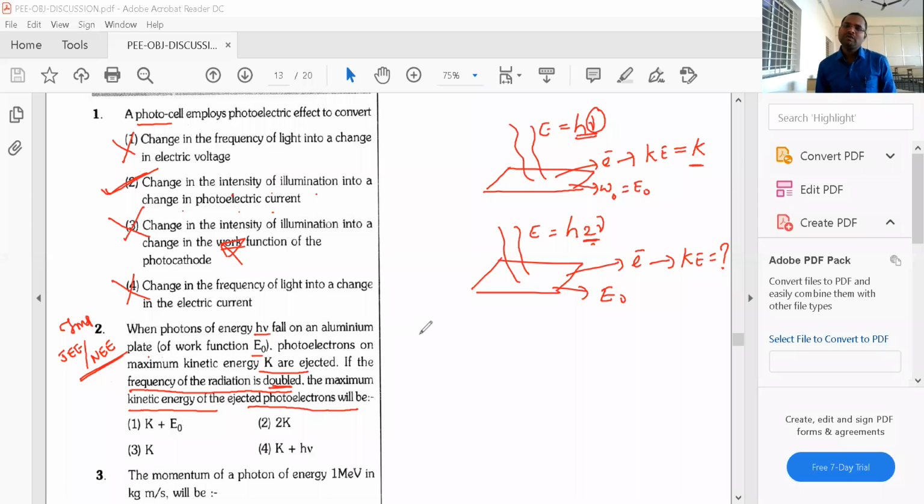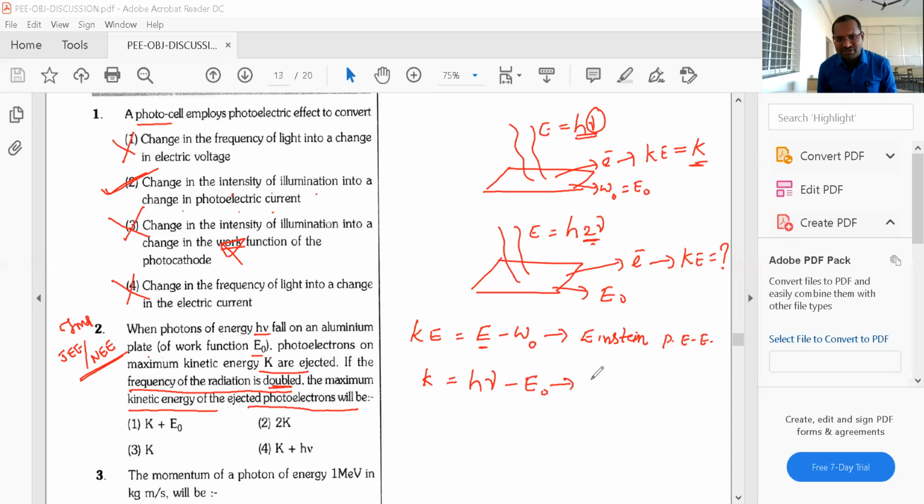According to Einstein's photoelectric equation, kinetic energy is equal to energy of incident radiation minus work function. First condition: kinetic energy is K, energy of incident radiation is h nu, minus work function E naught.